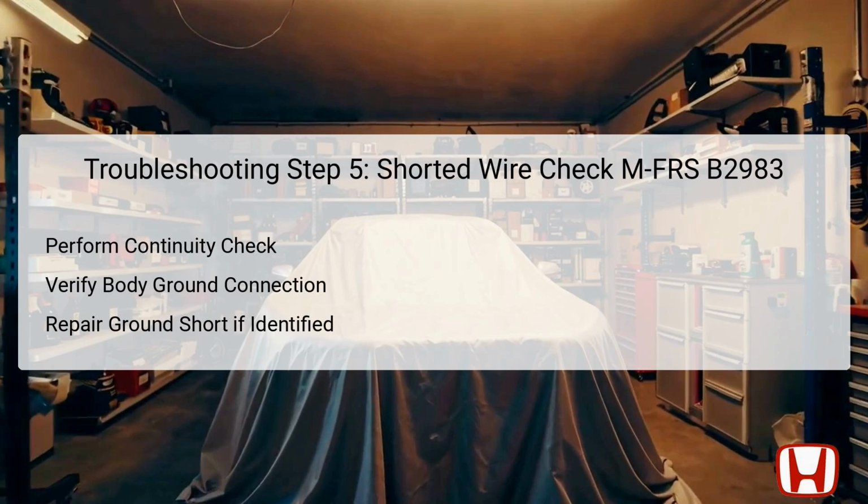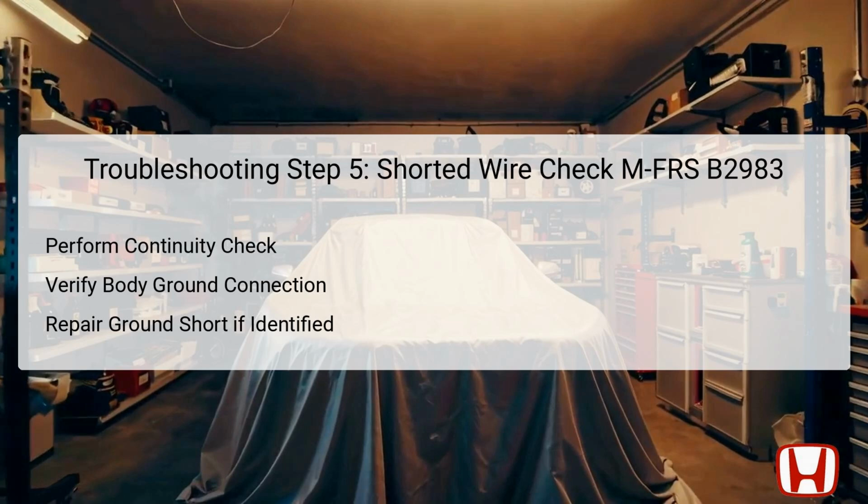In this fifth step, the troubleshooting continues with a focus on the MFRS wire and the potential for any shorts. Again, ensure that the vehicle is in the off-lock mode and that the previous connectors remain disconnected to ensure accurate testing.